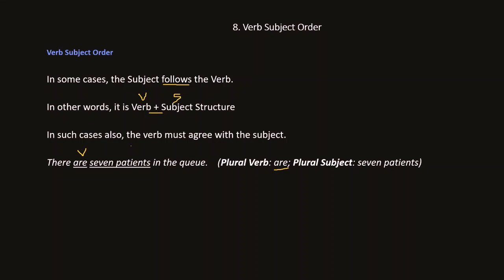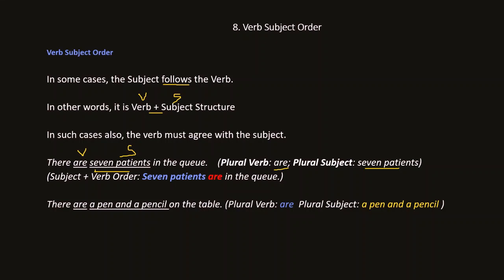If you reverse this order, if you make it subject plus verb order, it would read like this: 7 patients are in the queue. Thus, whether it is subject plus verb or verb plus subject, the verb must agree with the subject in number, and the subject and the verb together must make sense.